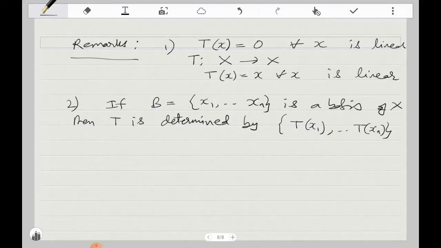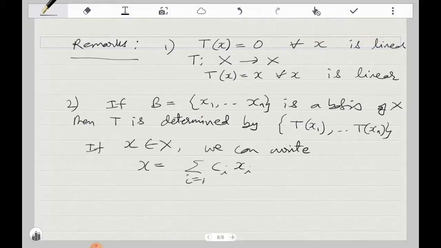So in fact, the reason is quite simple. If x is any arbitrary vector in the domain, then I can write x as a linear combination of x1, x2, ..., xn. So I'll write it as the sum of ci xi, i equal to 1 to n, for some real numbers c1 up to cn.